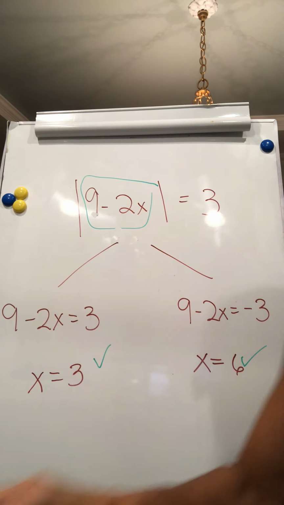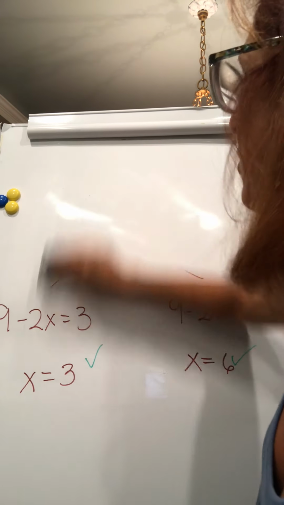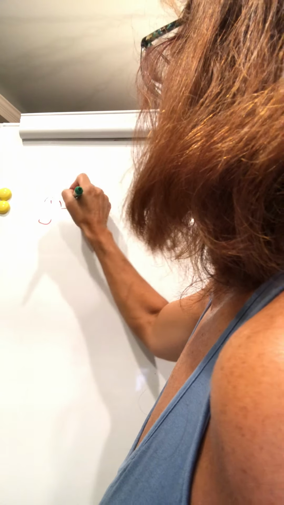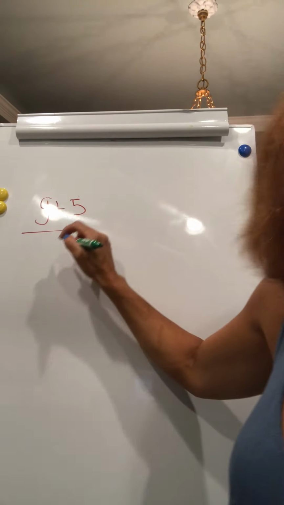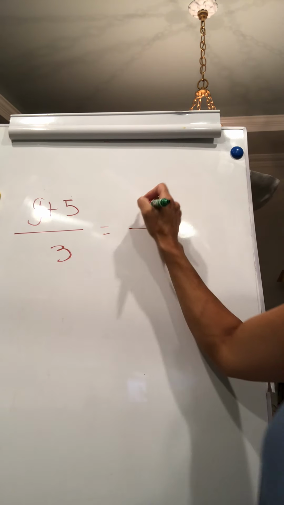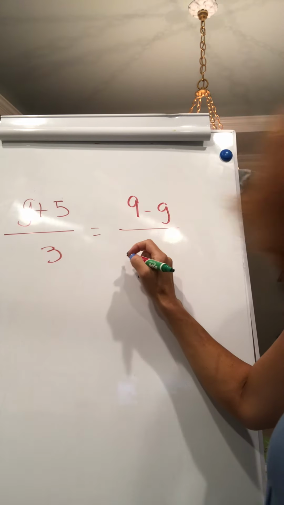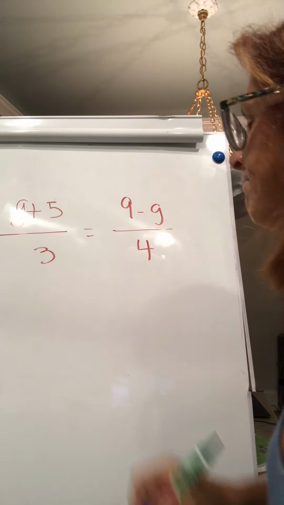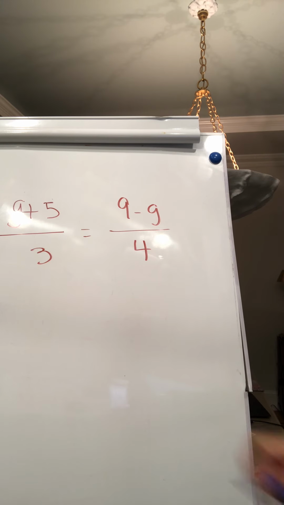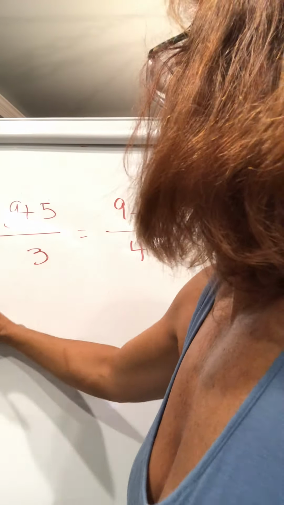All right, the last kind of problem I want to go over with you are problems that have fractions in them. One type might be something like this. Okay? So this is a proportion.